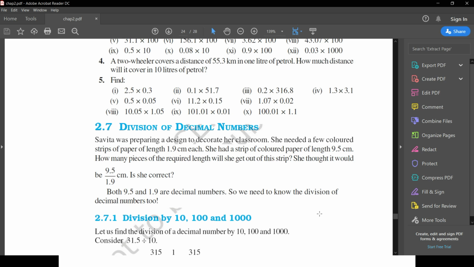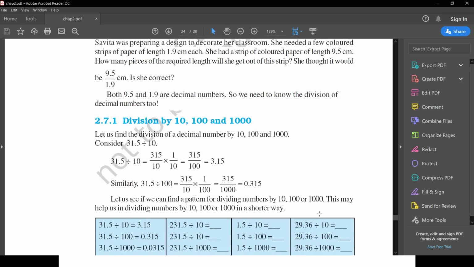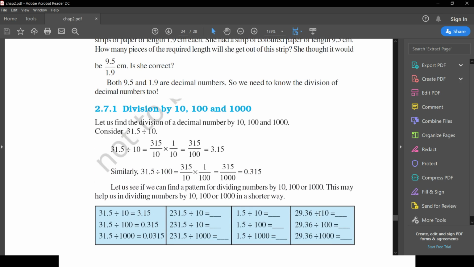So division by 10, 100 and 1000: think of one example, 31.5 divided by 10, that is 315 by 10 by 10. What can you obtain? You obtain 315 by 100, so the final result is 3.15.